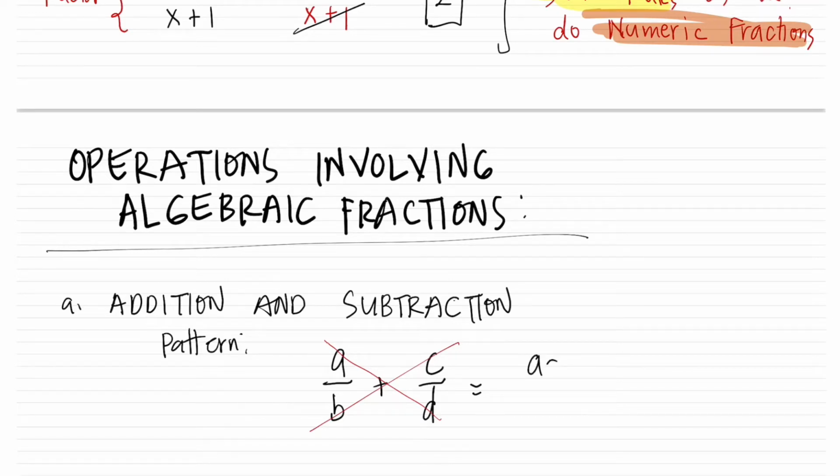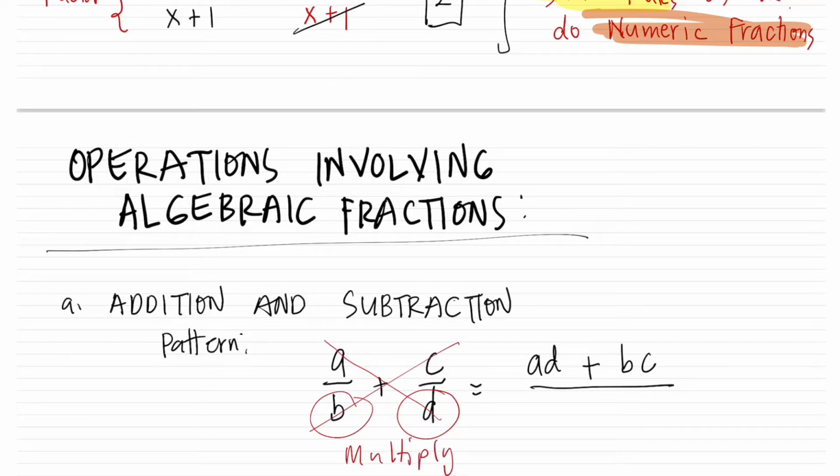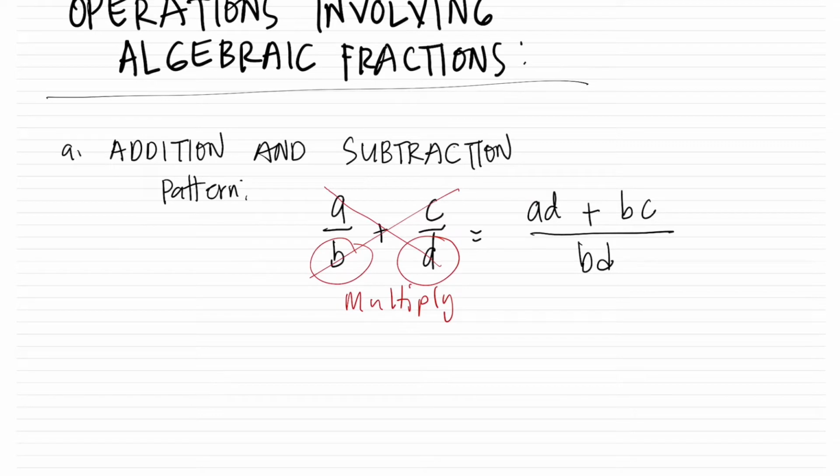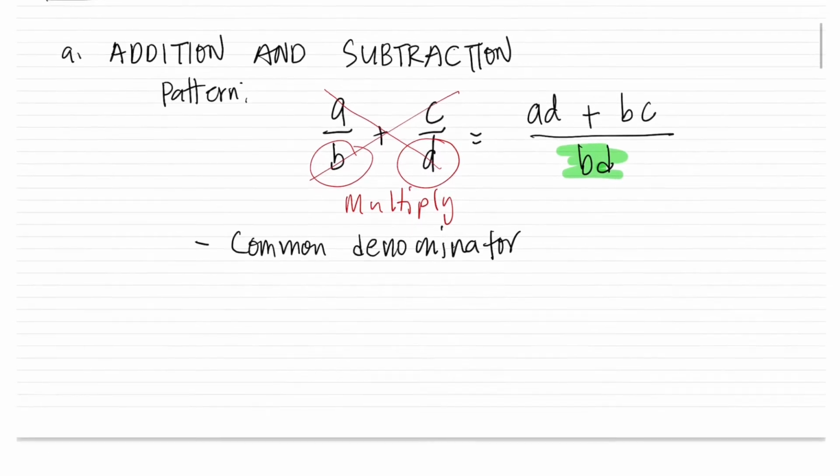So it becomes AD plus BC over, and then you multiply B times D. The whole idea here is so that they will have a common denominator. Okay, so let's have an example.